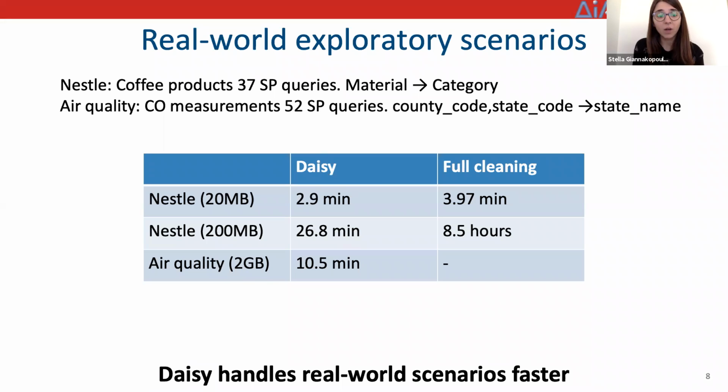So the case for the air quality dataset is even worse because the dataset is larger, and therefore the offline cleaning approach was non-responsive after a timeout of 1 day.